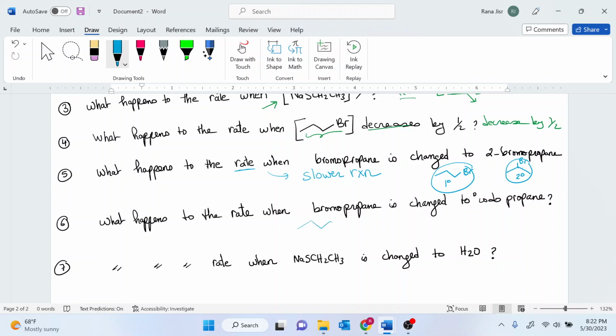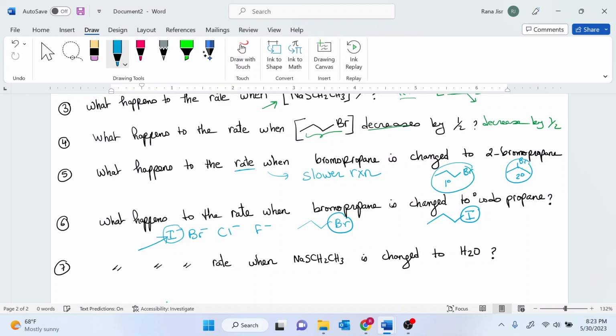Here, this is my bromopropane, and I'm changing this to iodopropane. So I am actually changing my leaving group in this case. Remember what we said, that a better leaving group is a weak base. To compare, I minus is a weaker base than Br minus, then Cl minus, then F minus, because I minus is generated from a very strong acid.